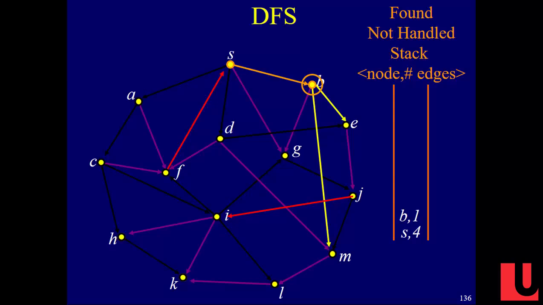I pop this off, and it tells me I've handled B's first edge. So what do I do now? I handle B's second edge and push it back on the stack. Then I pop it off the stack. Got the second edge. Let's do the third edge. Push it back on the stack. Then I pop it off. I've done all of B's edges. So I pop B off, and I go down to S and say I've done all S's edges.